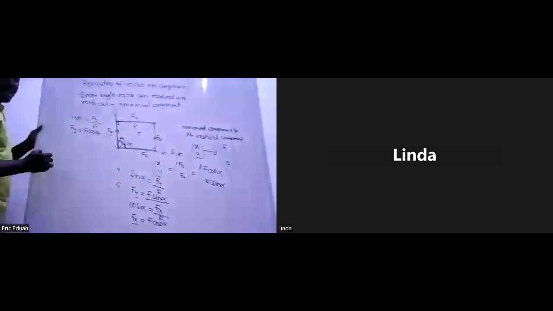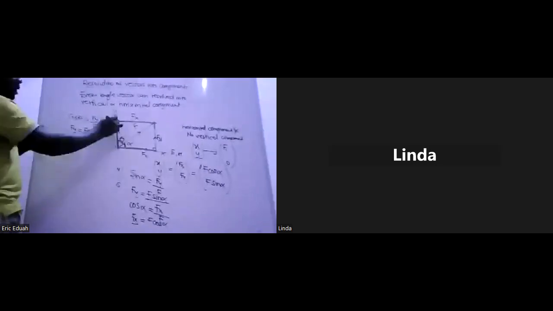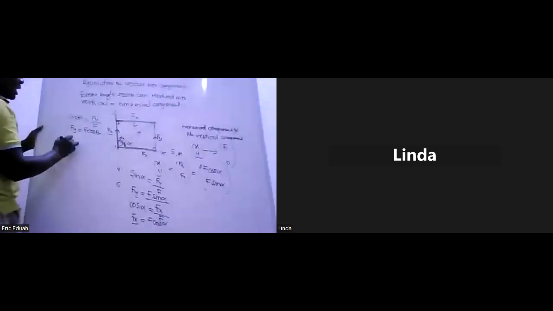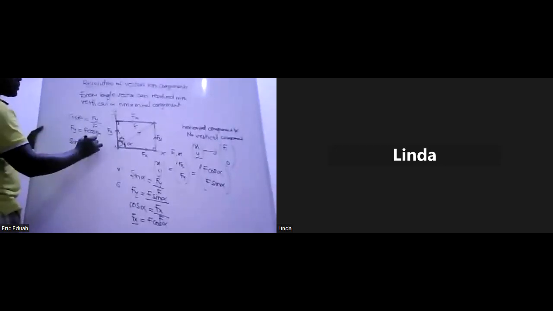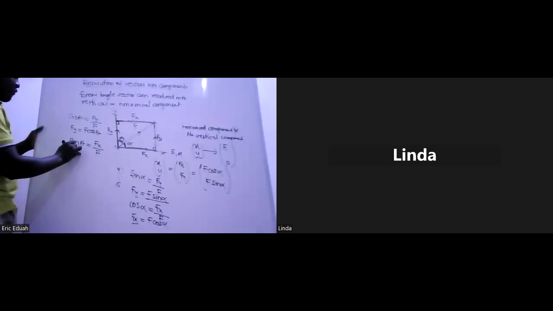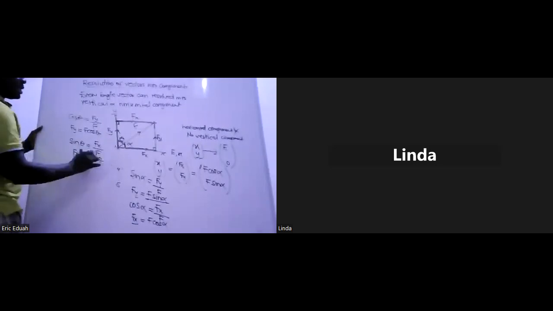This side is the opposite. So when you are looking for opposite, you have to use sine. Sine of this angle theta is equal to opposite Fx on hypotenuse. Fx therefore is equal to F sine theta.